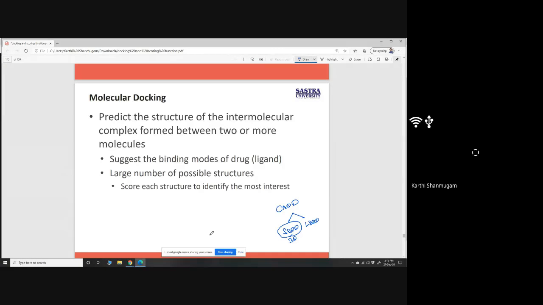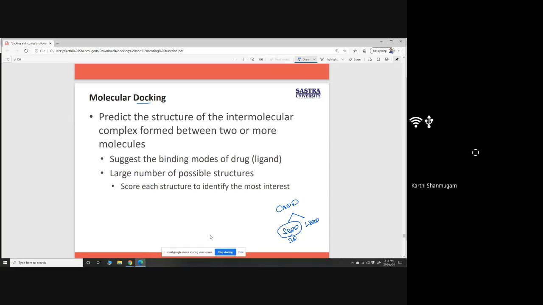Let me start with a very fundamental thing. I just wanted to tell what is meant by molecular docking. It is something like making a complex between two molecules, a simple way to define molecular docking. The literal meaning of dock is connecting two components.